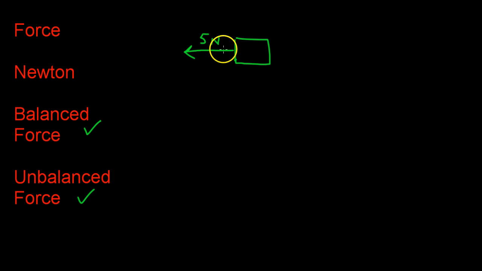The arrow shows the direction of my push or pull, and then someone else is pushing or pulling in this direction at another equal rate of 5 newtons. Then those two forces will equal out. There will be no motion because they will cancel each other out, and this would be considered a balanced force.